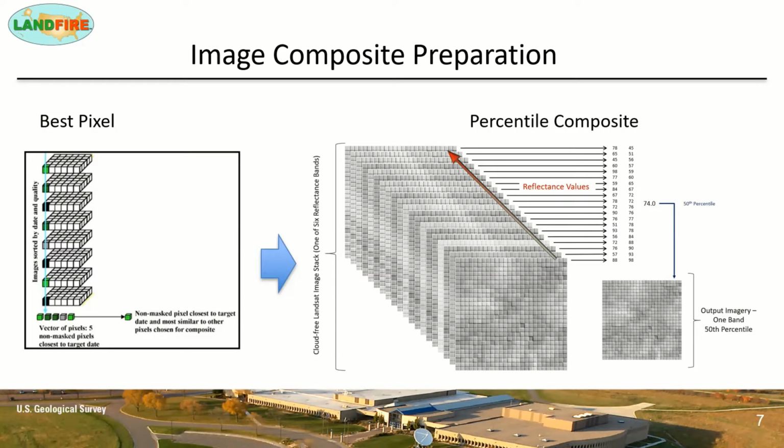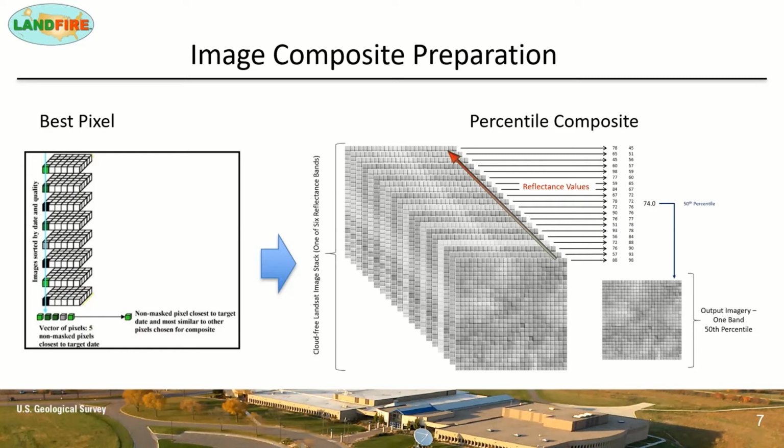And then we kind of had to switch when we moved up to Alaska because the best pixel wasn't working too well. There weren't enough clear pixels up there. So Brian Tolk developed this percentile composite process where you take the range of dates, and that depends on latitude, right?